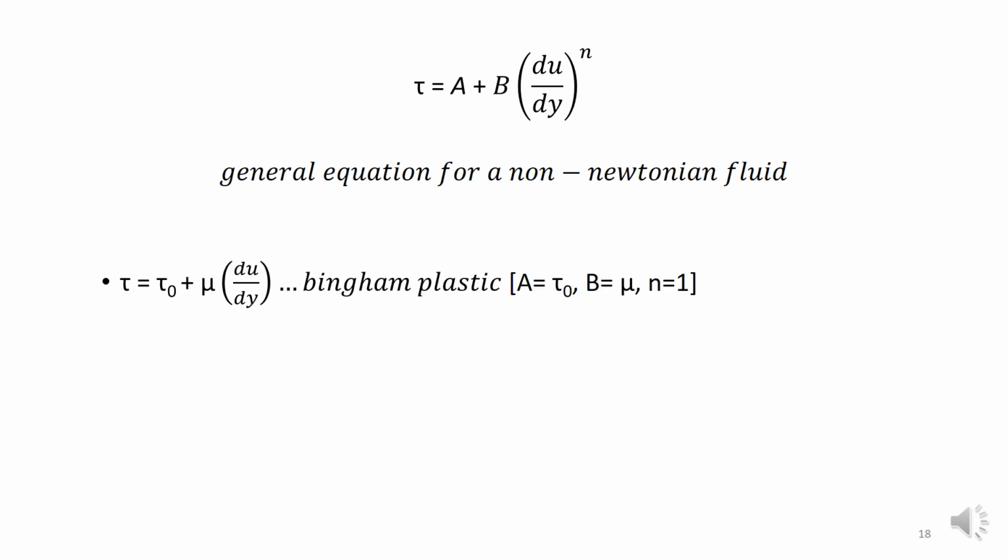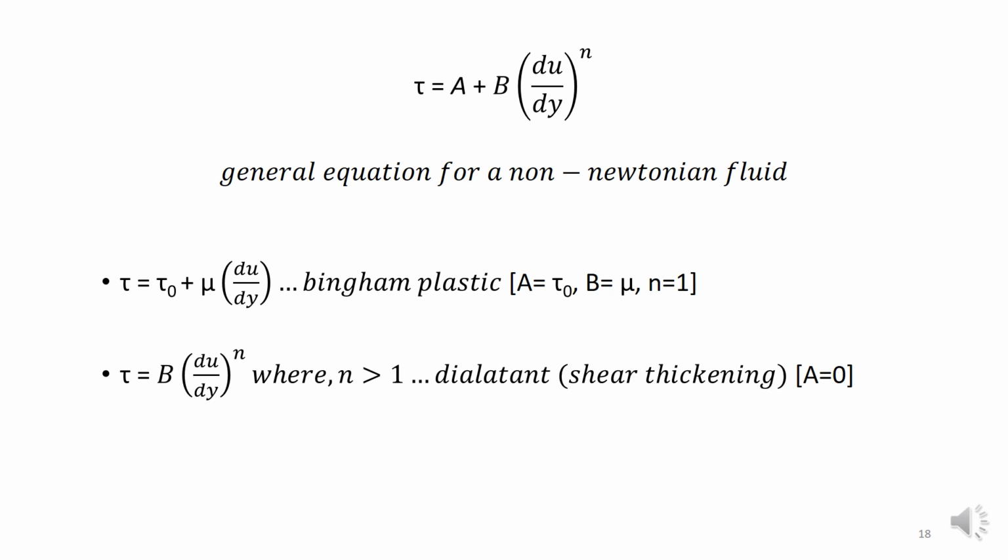If I take a Bingham plastic, the value of A will be equal to the finite value beyond which stress has to be applied for the deformation of the fluid, and mu will act as B. In all cases, mu will act as B, and here the value of n will be equal to 1.